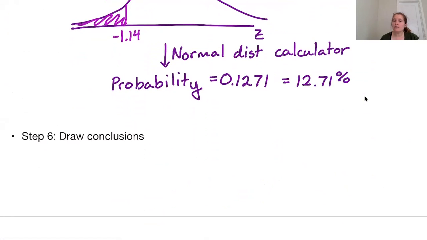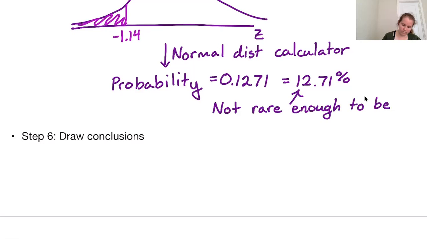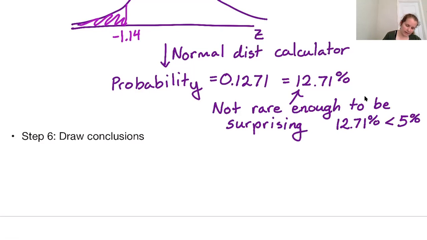It is not considered to be rare enough to be surprising. Right, so 12.71% is not less than 5%. Let's put a big X through that, so it's not less than 5%.